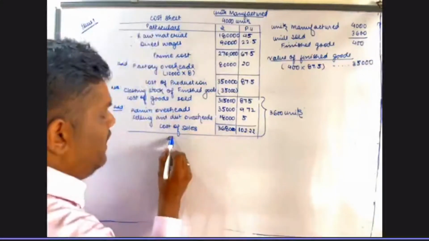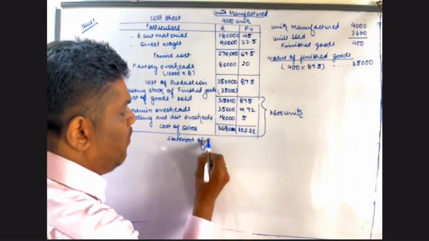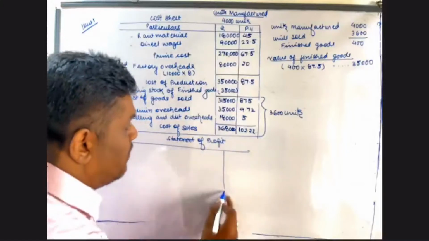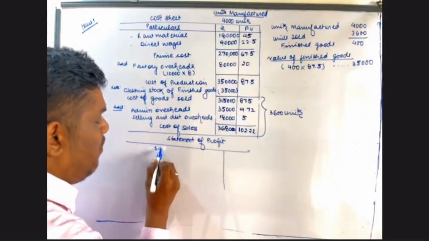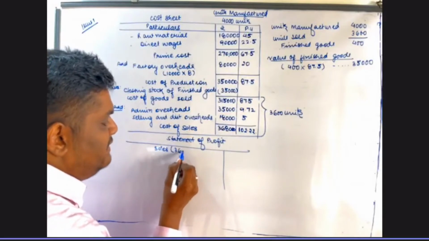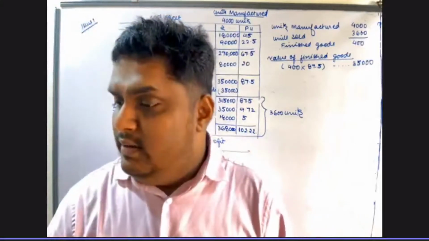When talking about the statement of profit, the sale is of 3,600 units and they are sold at the rate 125.